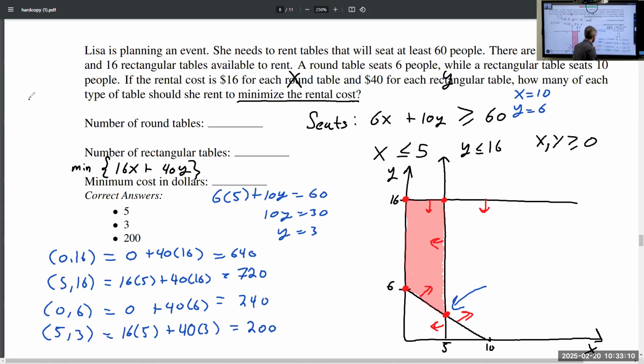Again, what is the small one? What's the smallest in this problem? We want to minimize cost. So there's the minimum, and that occurred at 5, 3. So that's where the minimum was located.